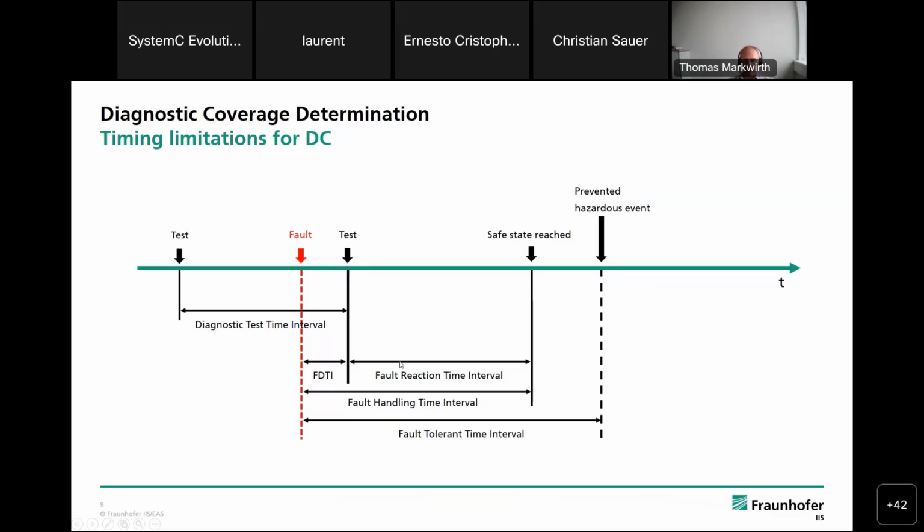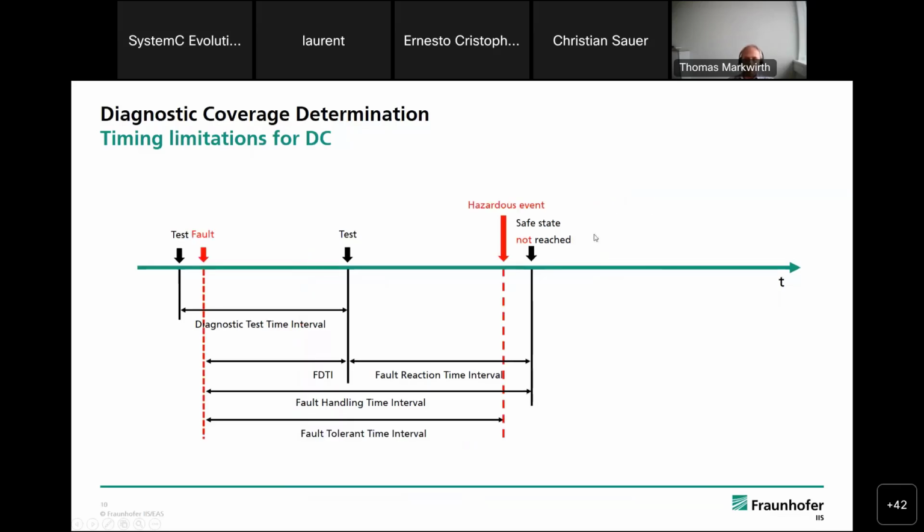And here we have, for example, as a simple example, a fixed fault reaction time interval. Therefore, in combination of both time intervals, the fault detection time interval and the fault reaction time interval, there is a fault handling time interval. And this should be shorter than a fault tolerant time interval.